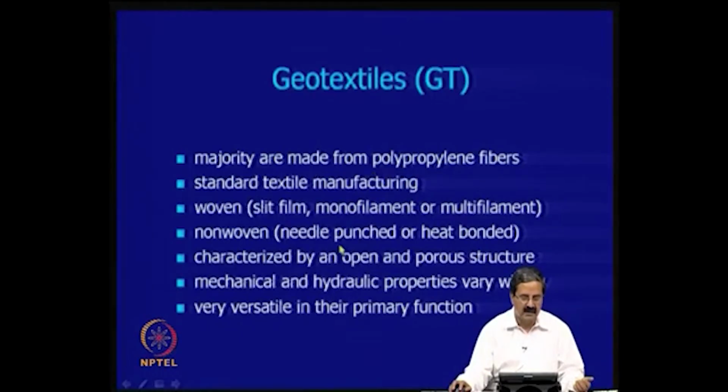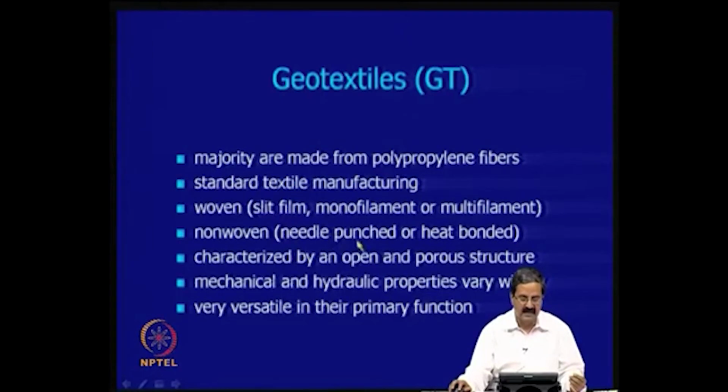processes, and you divide them into wovens, which are woven together. Like I will just show you, it can be a slit film, it can be a monofilament or a multi-filament, like a single filament or a number of filaments together. Instead of weaving a few strands together, it can even be non-woven, where we use heat bonding to combine all of this material.